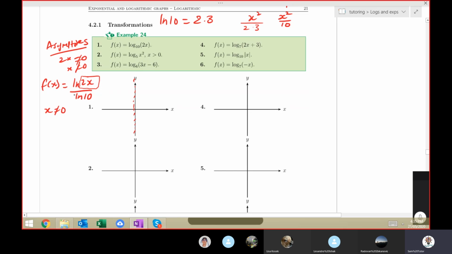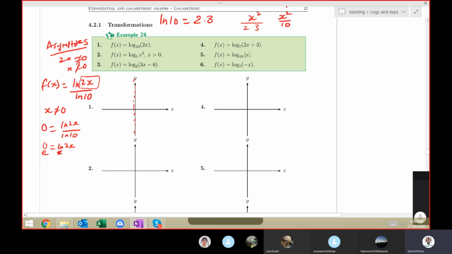Then, you can make the y value equal to 0. Making it more complicated than it needs to be, just to prove everything to you guys. 0 times ln 10 is just 0. How do I get rid of the log? What do I do to both sides? Come on, someone just say it. How do I get rid of the logs? Exponential. Exponential.